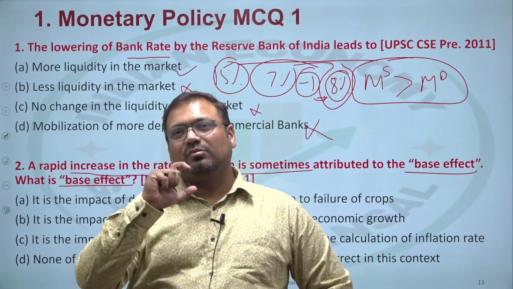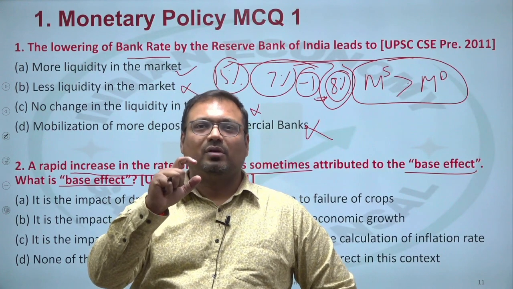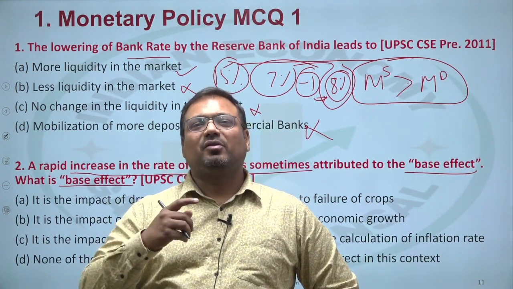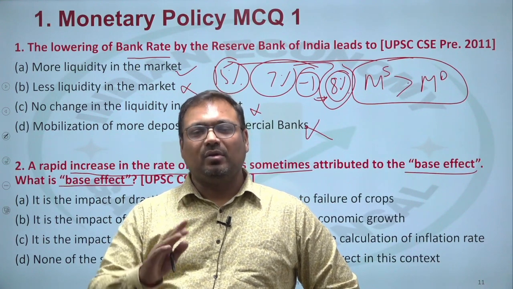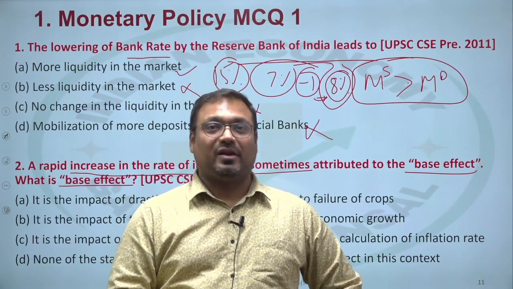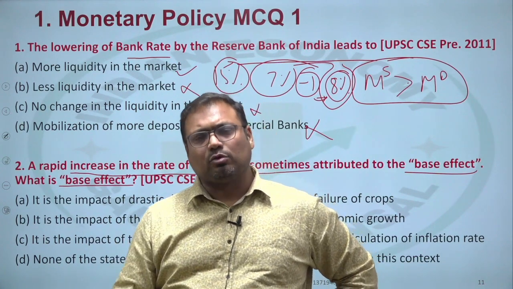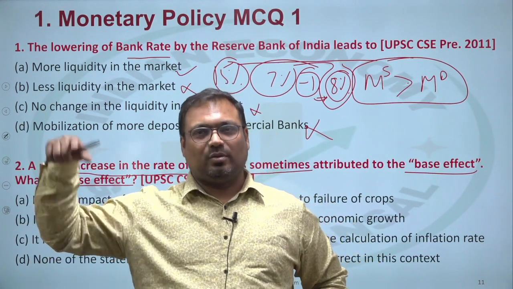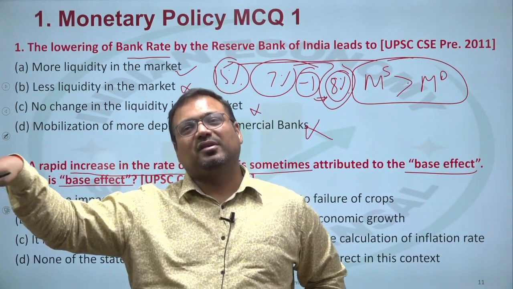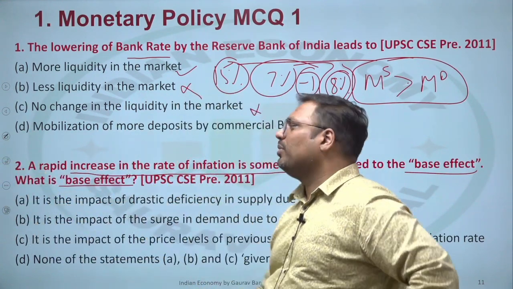The person who has 30,000 income will get a 6,000 rupees increment, and the person who has 1 lakh rupees income will get 20,000 rupees increment. The percentage is the same for both, but the base of the first person with 1 lakh income is more. That is why that person is benefiting more. So that is how the base effect works.